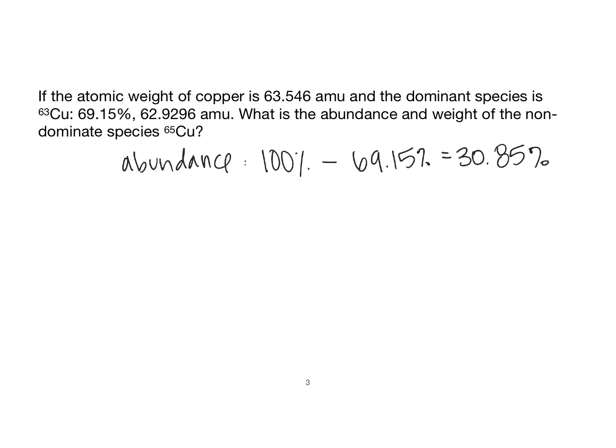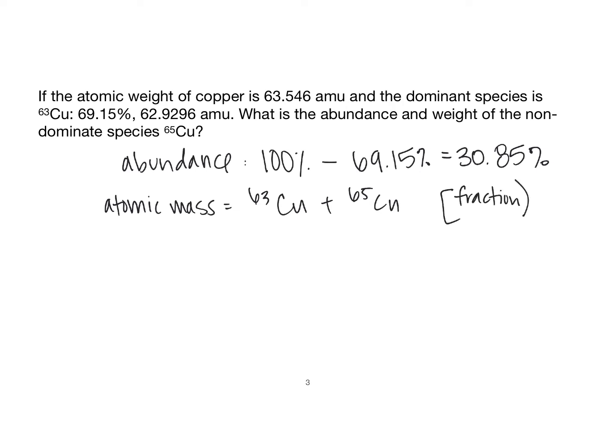Now we can set up our calculation where the atomic mass is equal to copper 63 plus copper 65. For both of these, it would be the fraction multiplied by the mass.